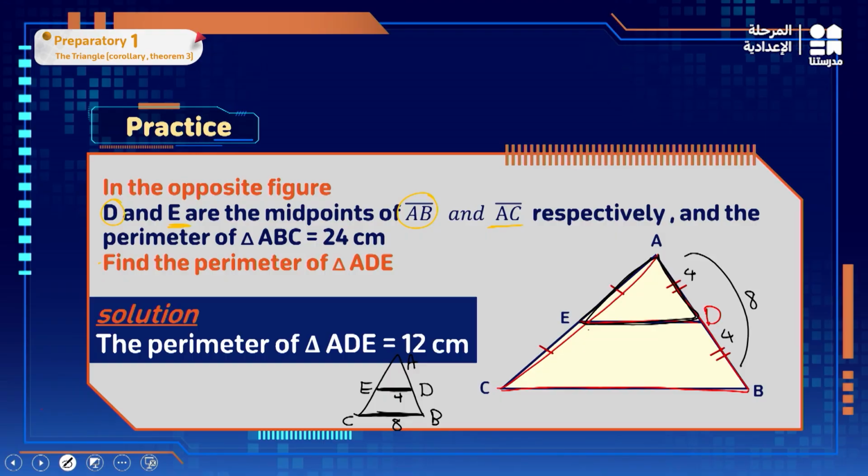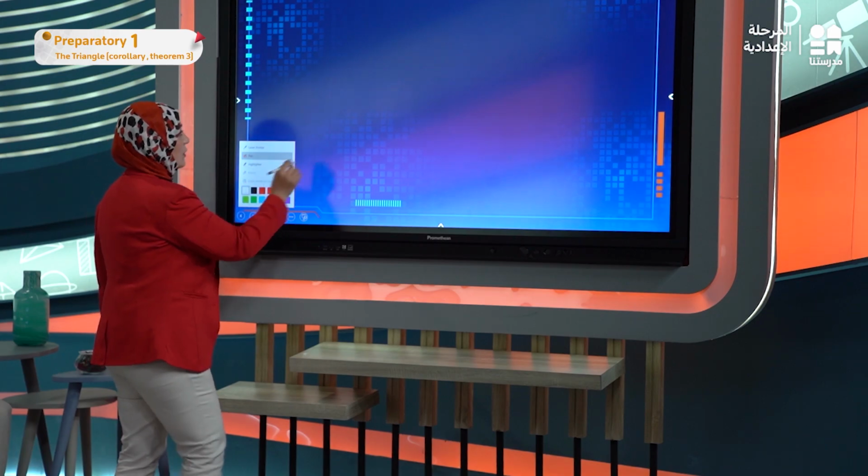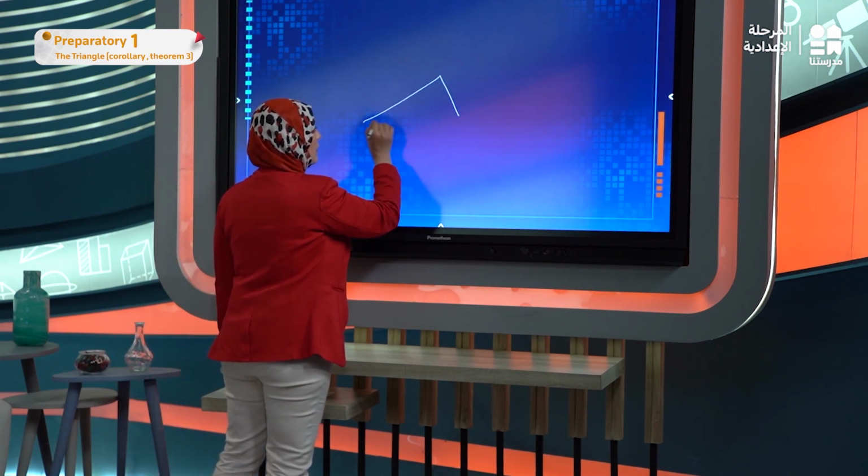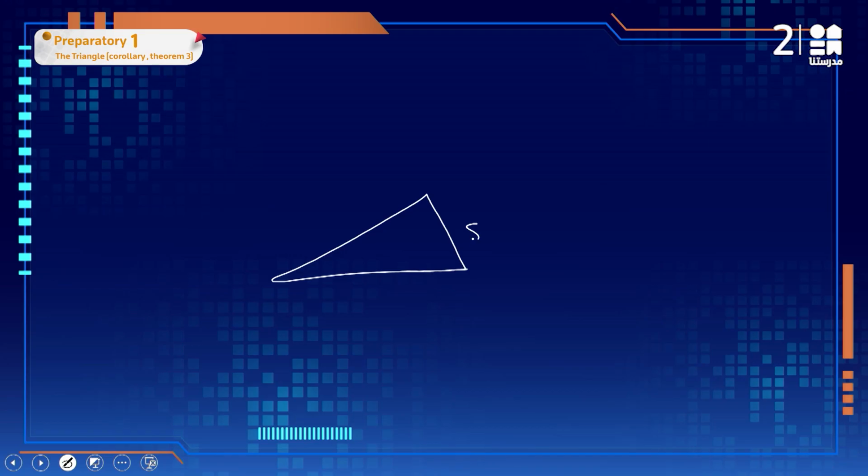Now let's draw this one. Okay, if I have this triangle, this one is 8 and this one is 10, and here the midpoints, and I'm going to match between the midpoints, and this one is 6, for example.